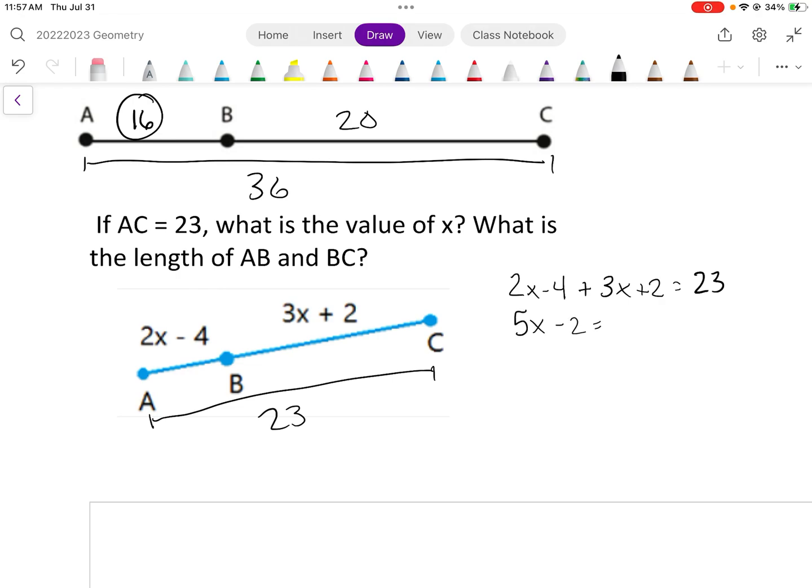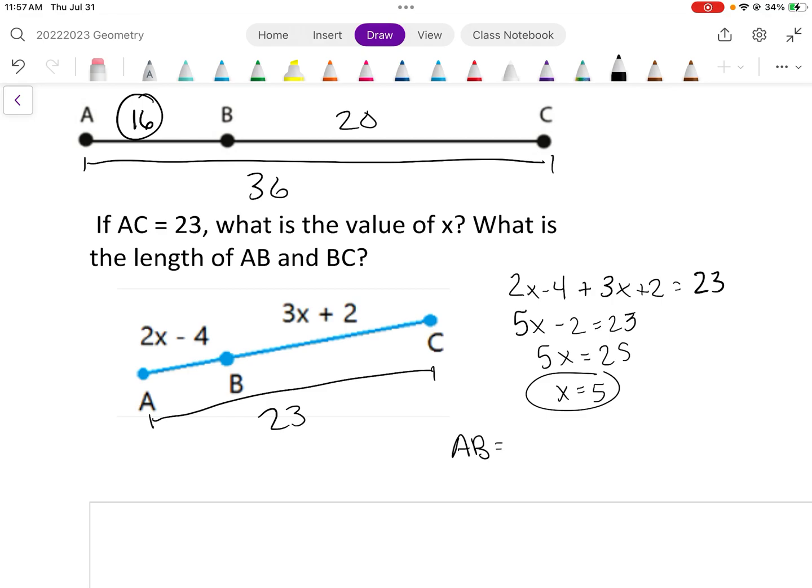Combine like terms. Okay. Add 2 to both sides. Divide by 5. Okay, so there's that. It also says what is AB and BC.